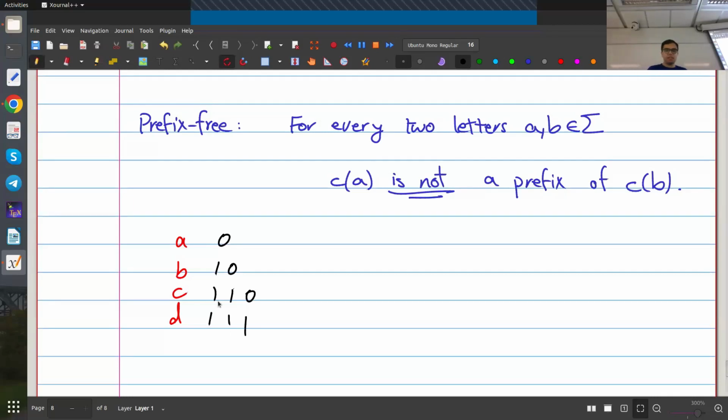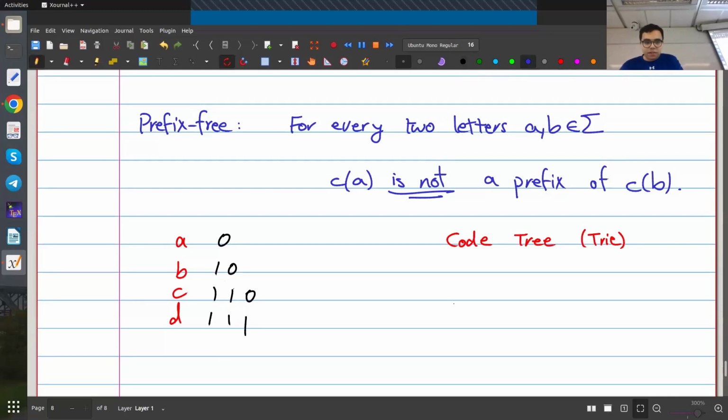because you can just check it. Just look at each one of these codes. It's not a prefix of the other. Now, the thing that is interesting is that I can have a code tree, or actually later on we will call this a trie when we're working with string matching. But for now, we just call it a code tree, which is just a tree representation of this code.